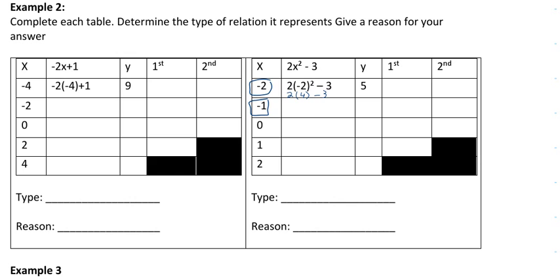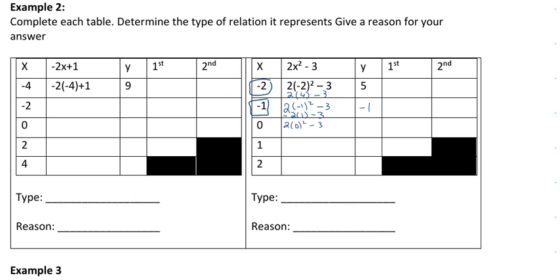Then I have to do the same thing with the next one. So I'm going to replace x with a negative 1. Remember, bad math. So you're going to have to do the exponent, negative 1 squared, which is 1. 2 times 1 is 2. Take away 3, that's negative 1. Replace the x with a 0. 2 times 0 squared minus 3. 0 squared is 0. Times 2 still 0.